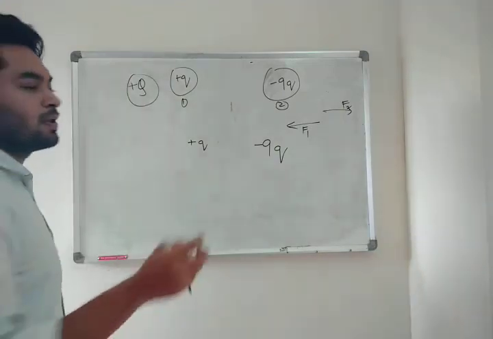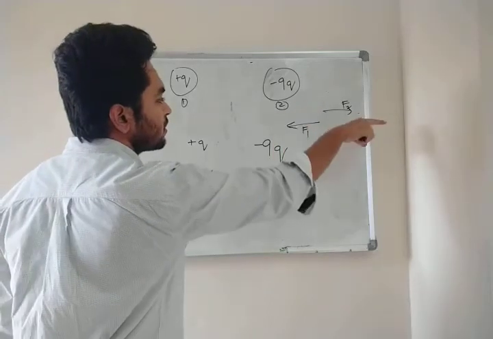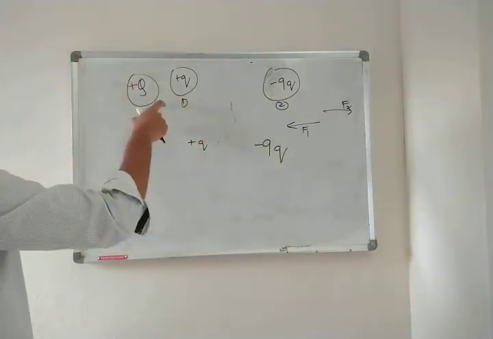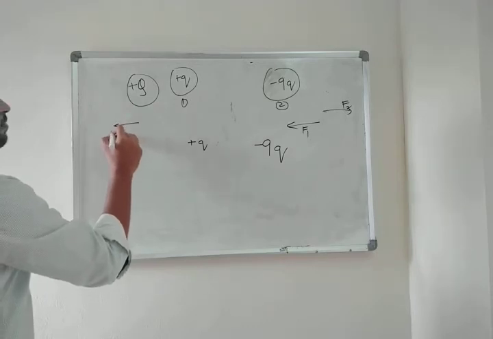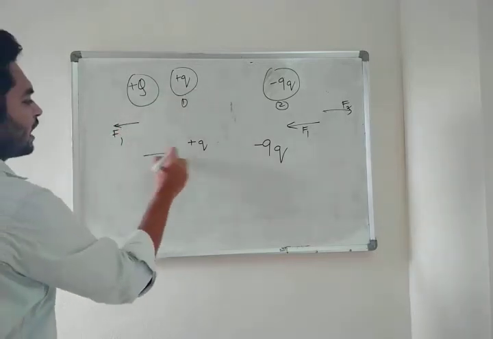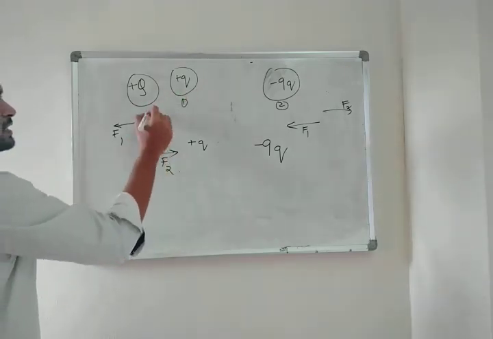Now what is happening? This again same thing repeats. Here the F2 was here, F1 was here. Now what will happen here? F1 will be in this direction and F2 will get attracted, right? But so here the distance matters here.